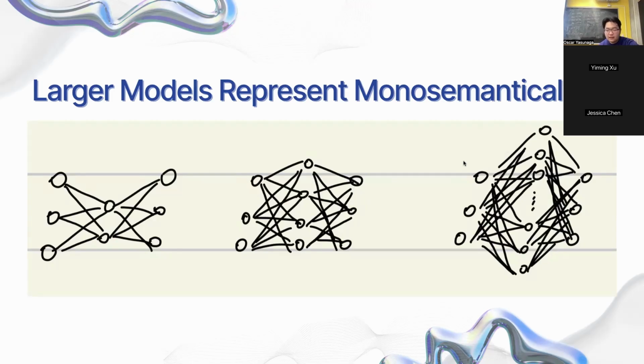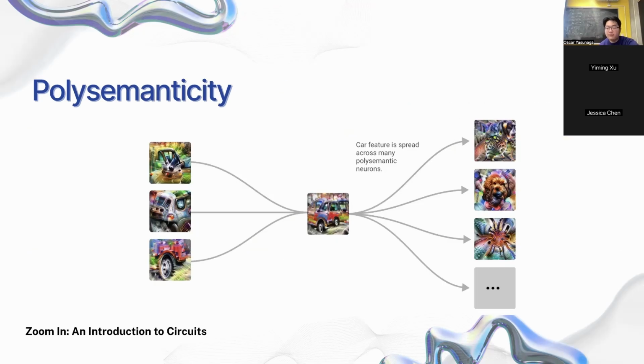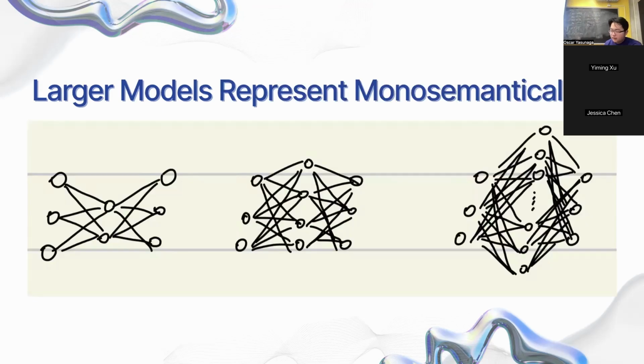So if we go back to this earlier picture, if this layer here was larger, you can imagine that the features in these polysemantic neurons would be spread across the neurons of a larger model because they have more neurons to play with.